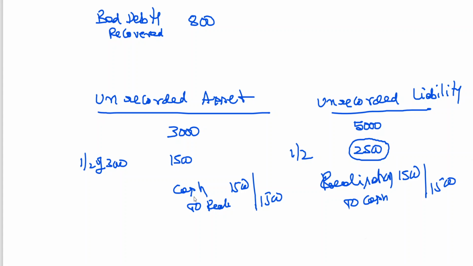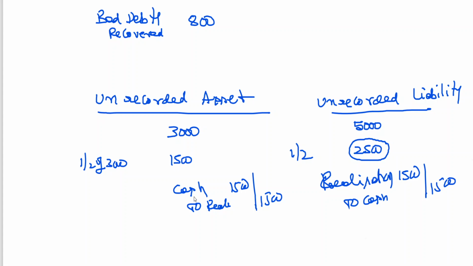That means 5,000 I am actually supposed to pay to you, but that has not been recorded. Now, since we are going for dissolution, we came to know that there is an unrecorded liability of 5,000. You take these rights on the unrecorded asset, which I am handing over to you, to settle half of the unrecorded liability.